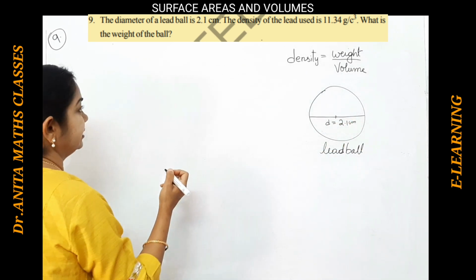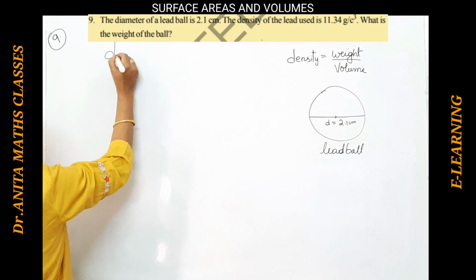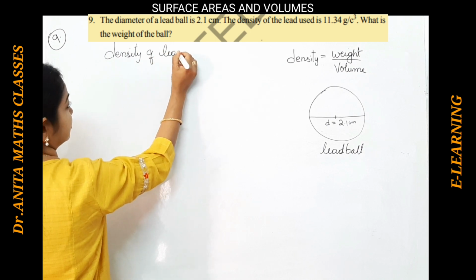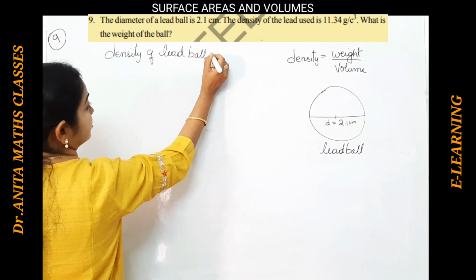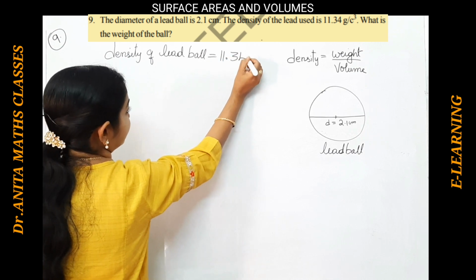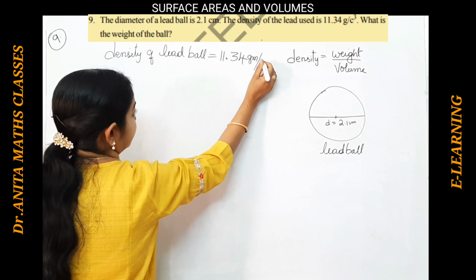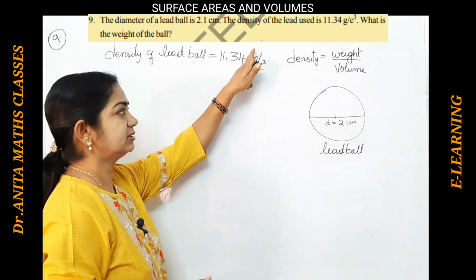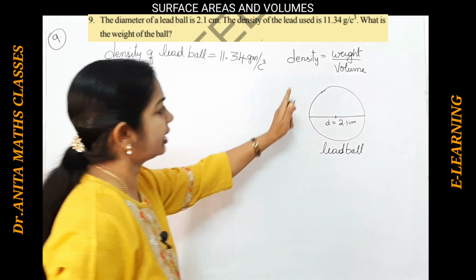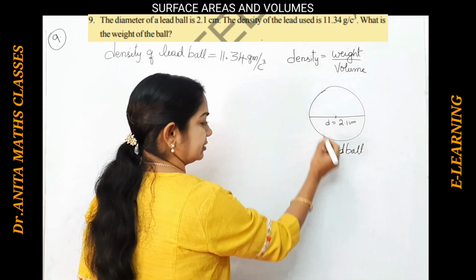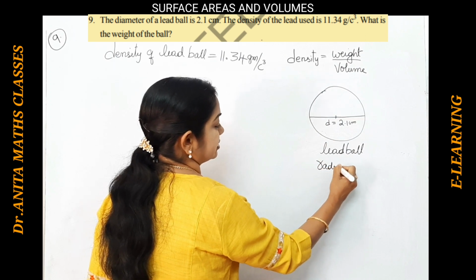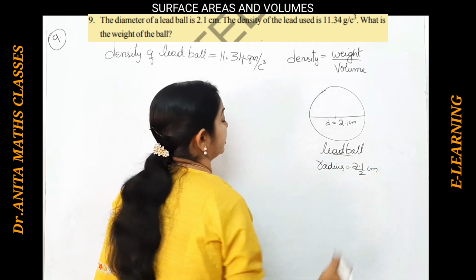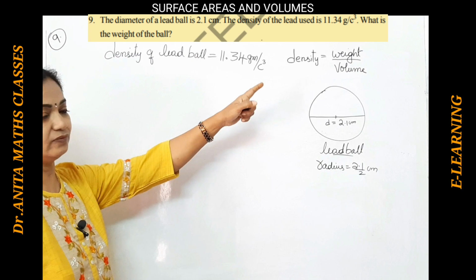And the density of the lead ball is given as 11.34 grams per centimeter cube. So the units are weight by volume, isn't it? Grams per centimeter cube. Given the diameter, the radius is equal to 2.1 by 2 centimeters.